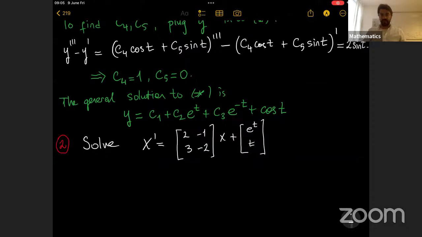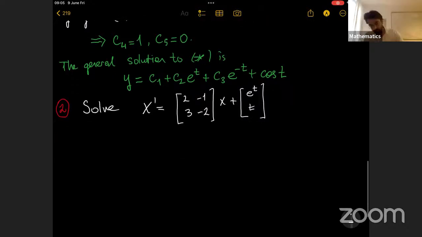Well, this is a system, so we solve the system here. To solve the system, remember, you first solve the homogeneous part and find the fundamental matrix, okay? The columns of the fundamental matrix are the solution vectors.